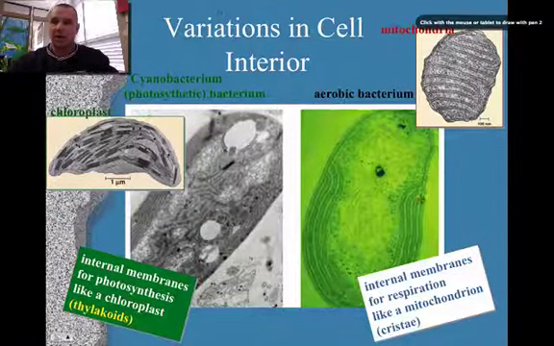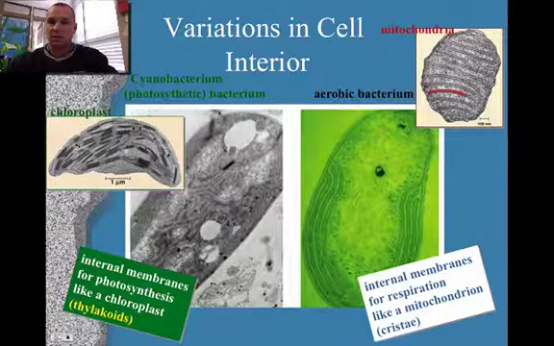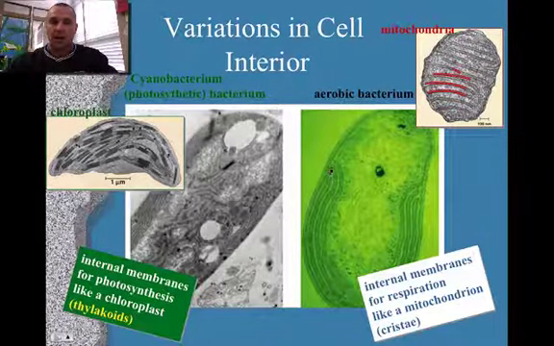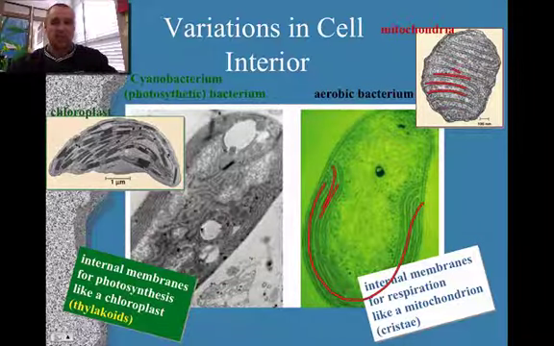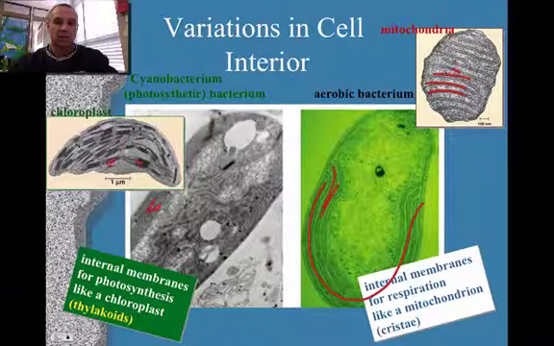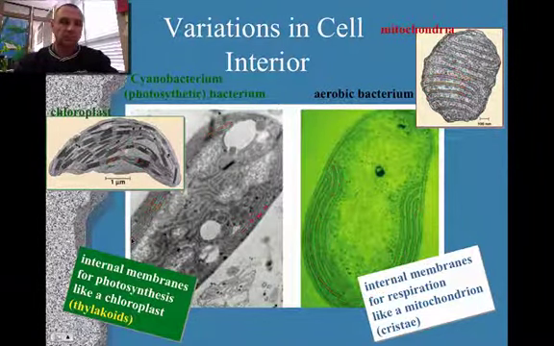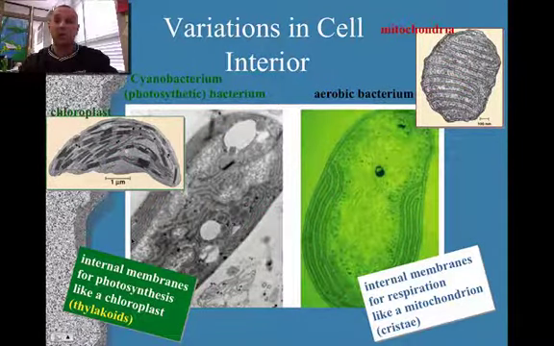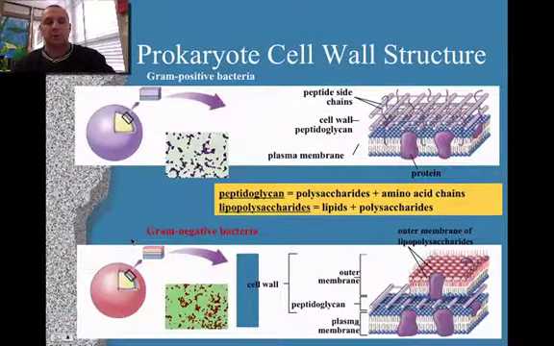You can see the folded membranes in the mitochondria, and you can see these same folded membranes in this aerobic bacteria down here. In this chloroplast, you can see the stacks of thylakoids. You can see them on the outside here within this cell. So they have similarities to organelles we have in eukaryotic cells.